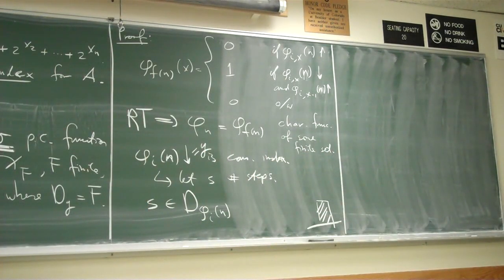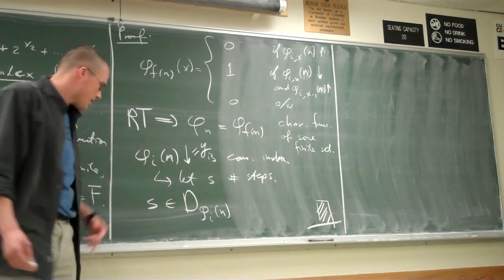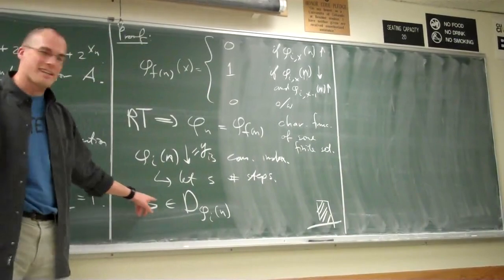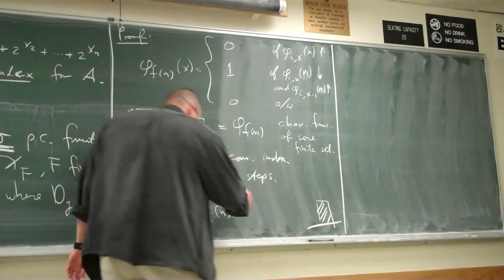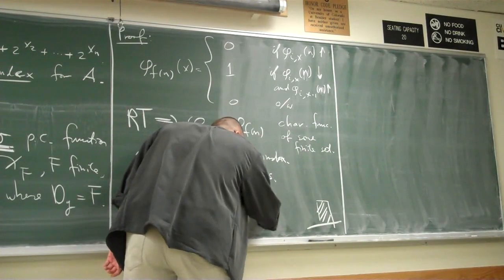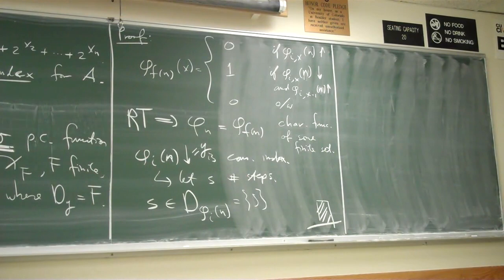Because we have a contradiction. What is our contradiction? Well, this set here, phi I of n, I guess I can write it. I said here, S is in there, but really I argued even more that this really is just singleton S, right? Because the characteristic function was either the empty set or a singleton.